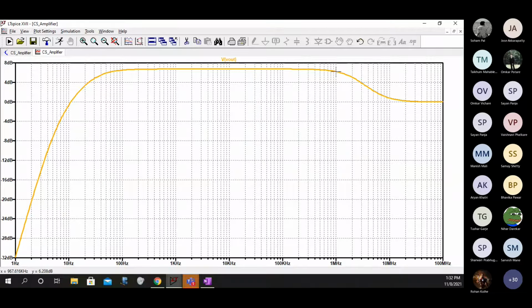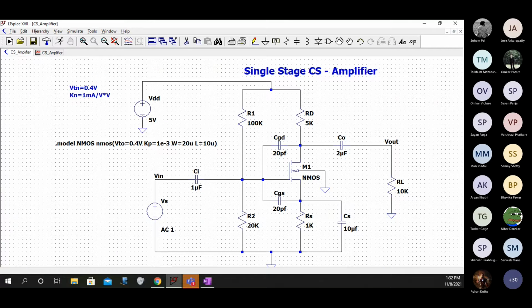Now it has gone to about around 1 megahertz. No, simulate it again. Rohan, make both values 20 picofarads. Yes, sir, I did it.